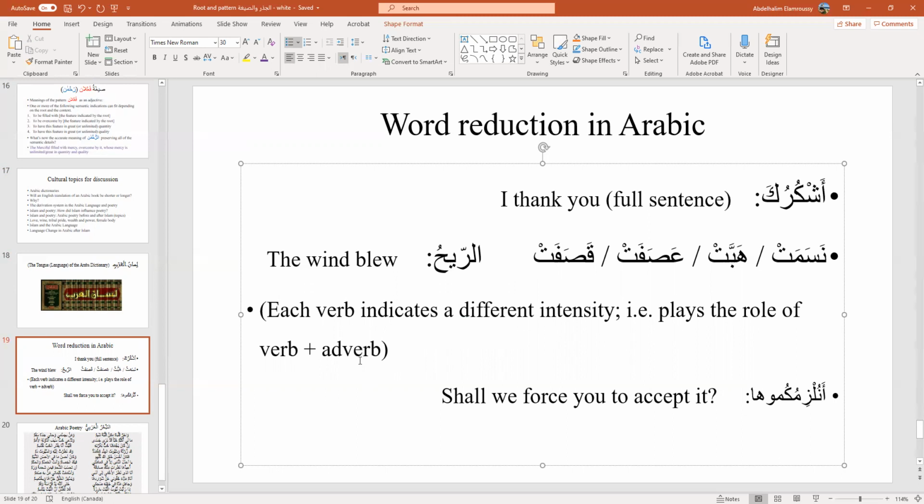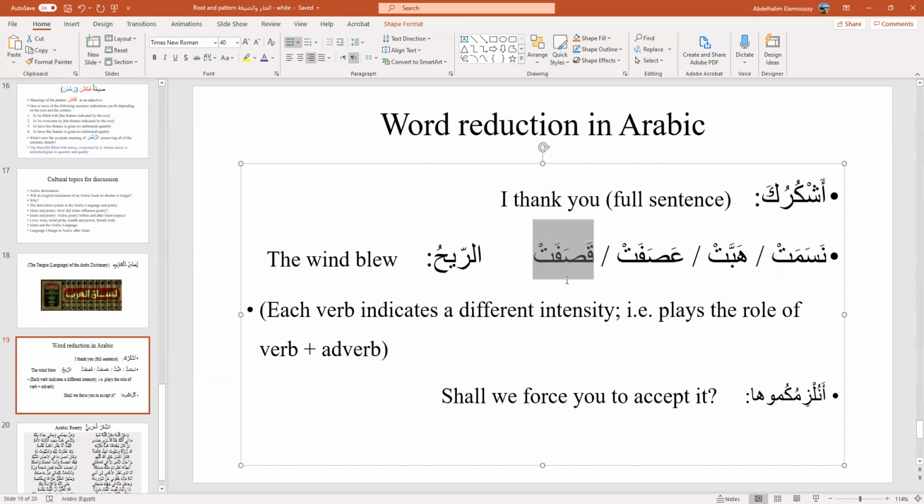You won't need an adverb to indicate intensity. You will just use different verbs. Each one of these verbs will indicate a different intensity. So nasamat is from the most gentle to the most harsh. Nasamat will be the most gentle, habbat for a strong wind, asafat for a super strong wind, and qasafat if it's kind of like a tornado or something like that.